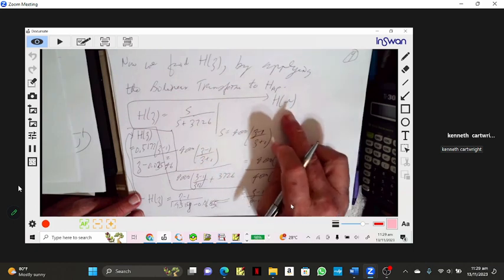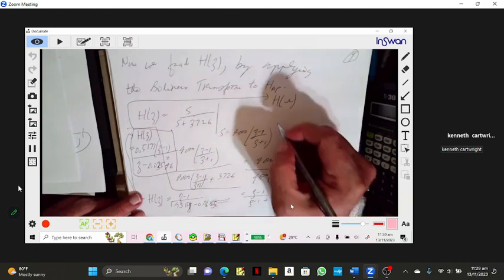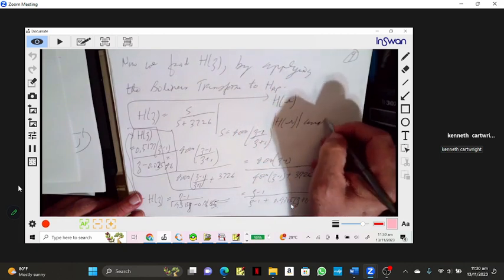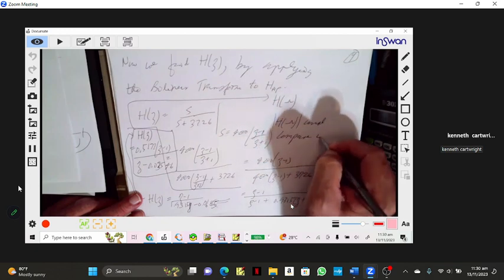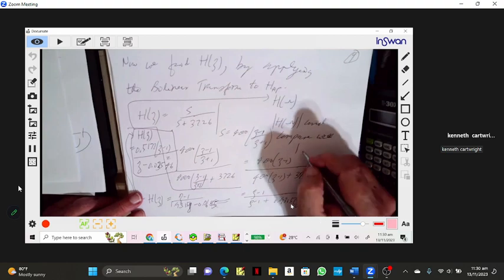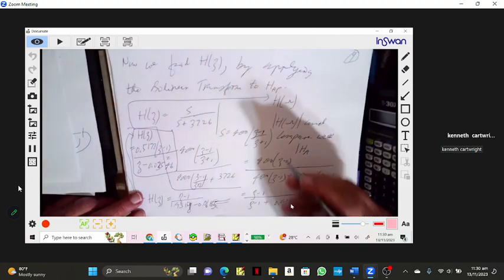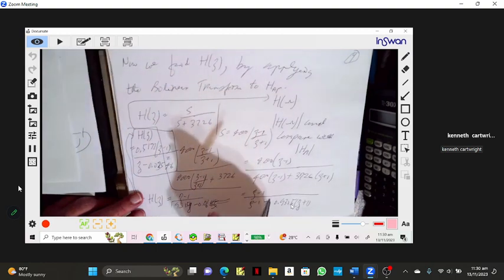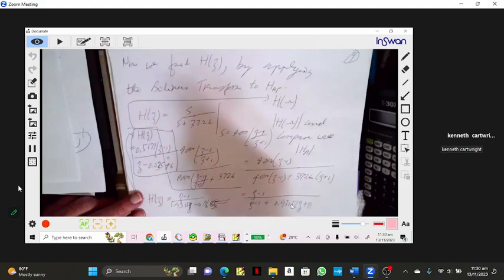And then once we have H of omega, we get the magnitude of H of omega and compare it with the magnitude of H of A, not the pre-warped, but the unpre-warped. Because the unpre-warped is what we want, but the pre-warp is what we have to use to get what we want.